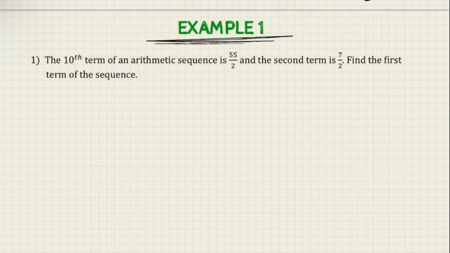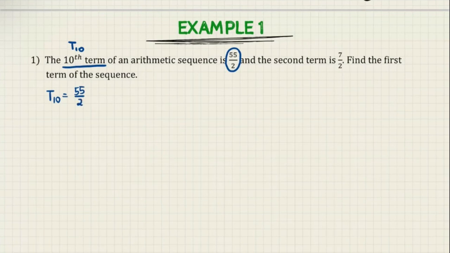Okay, let's look at the first here. The 10th term of an arithmetic sequence is 55 over 2. The 10th term ini merujuk kepada mana? T yang ke 10. Okay, so T10 adalah 55 per 2. So saya tulis kat sini T10 is equals to 55 over 2.